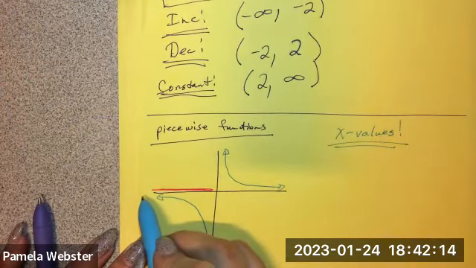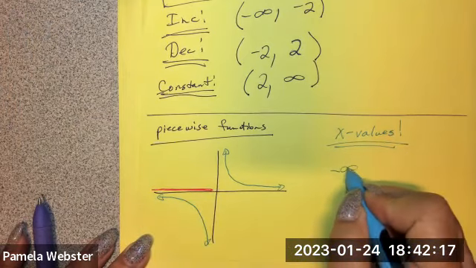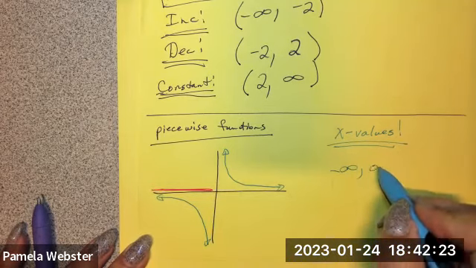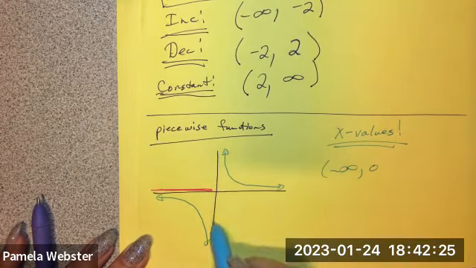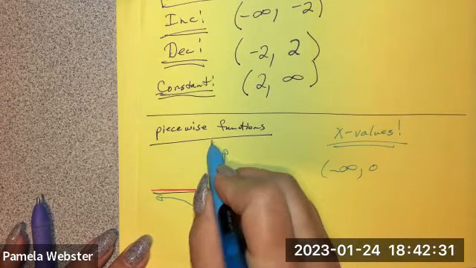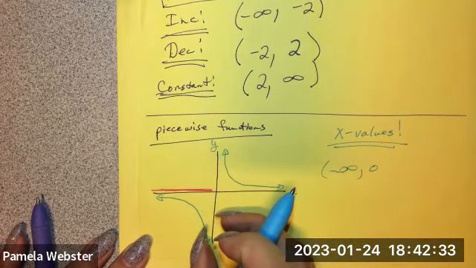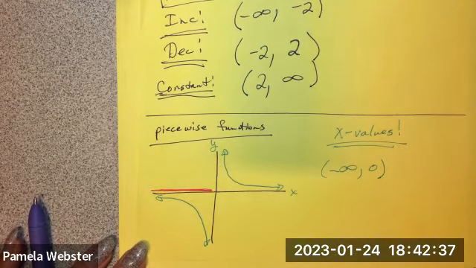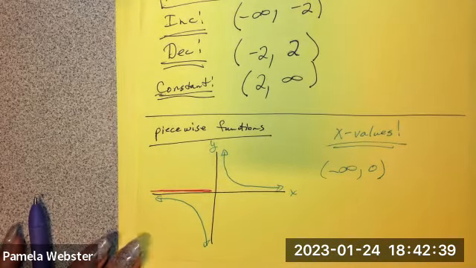Well, this arrow says we're going from negative infinity up to right here, there's a 0, right? That's where it breaks. Does it include the 0? No, because this y-axis here is not going through the graph, right? The graph is breaking there. So it does not include the 0. So that is a parenthesis, okay?